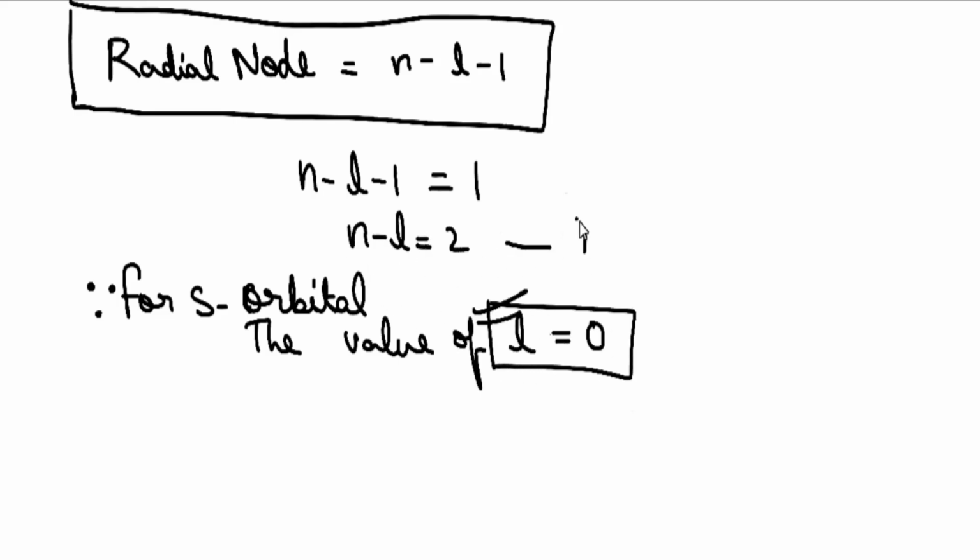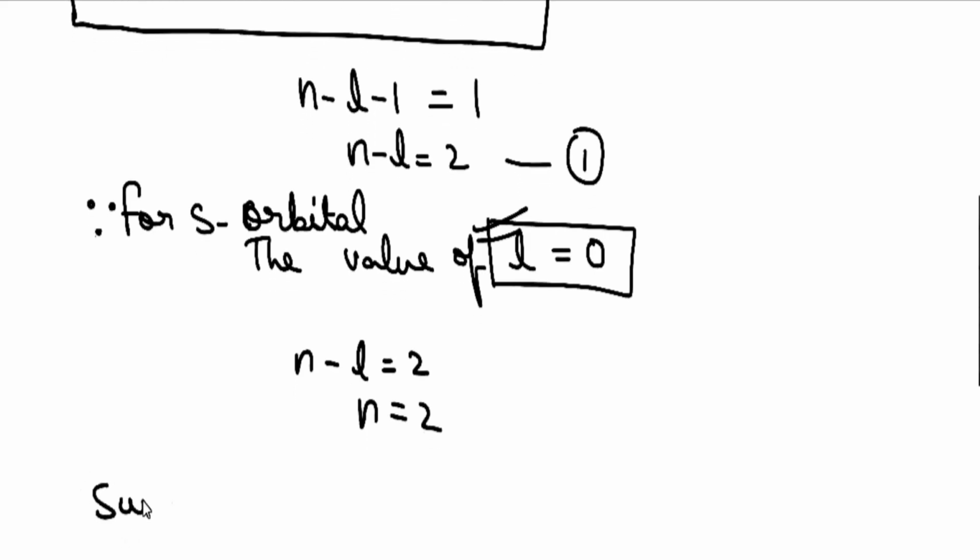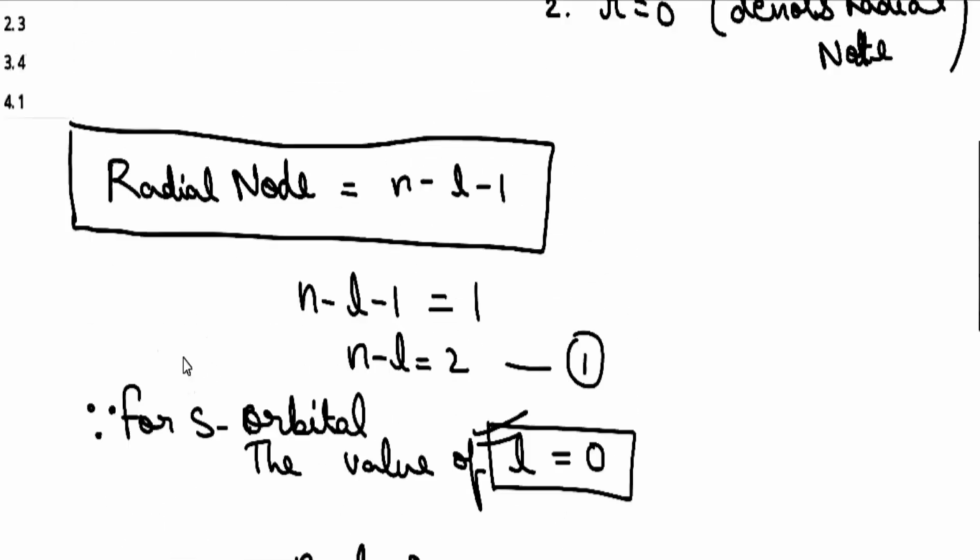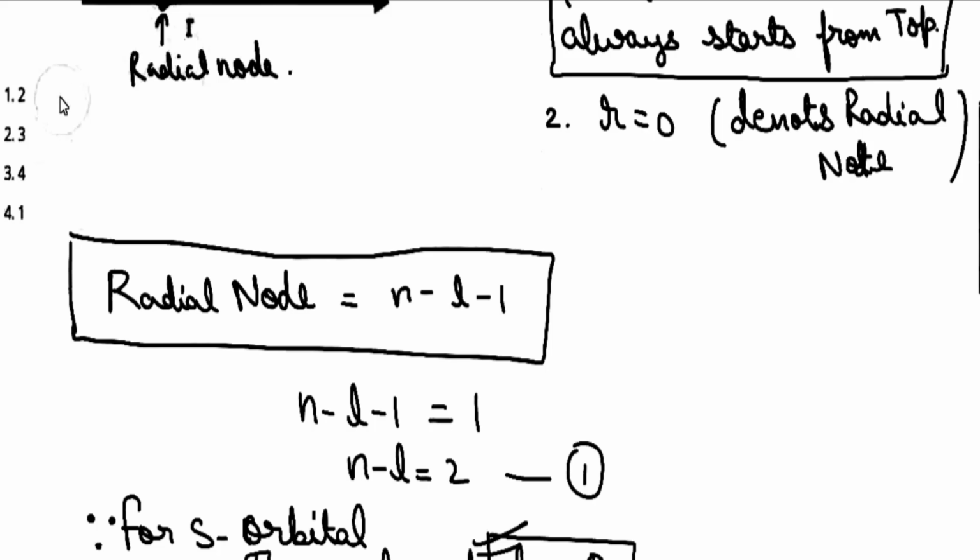So putting the value in equation 1, we get n minus L is equal to 2. So n is equal to 2. So sum of n plus L is 2 plus 0, which is 2. So the answer is 2. So option 1 is correct. Thank you.